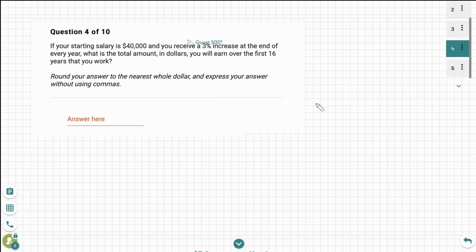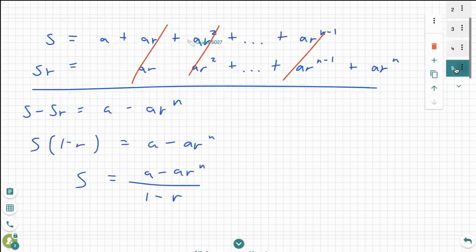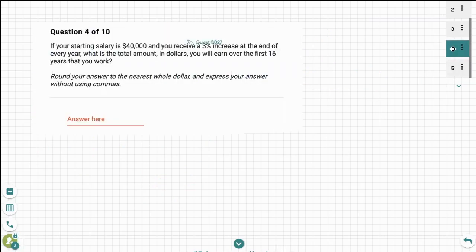And what would your N be? N would be, in this case, 16. So first year you get 40,000, next year you get a 3% increase, and N equals 16.